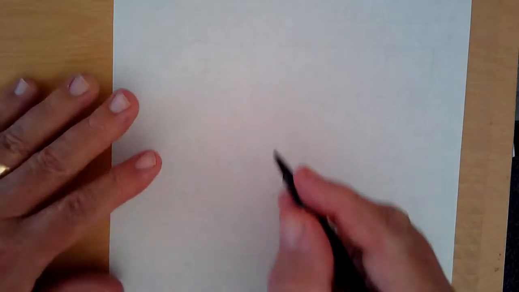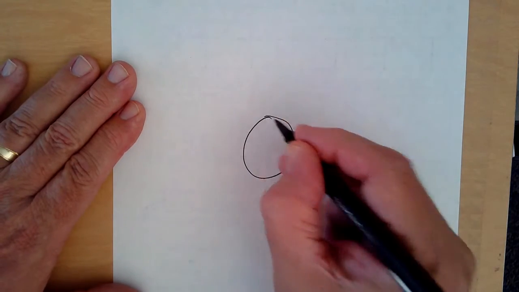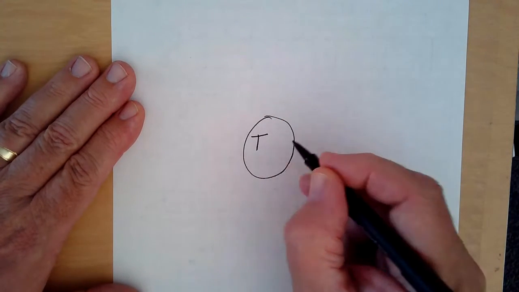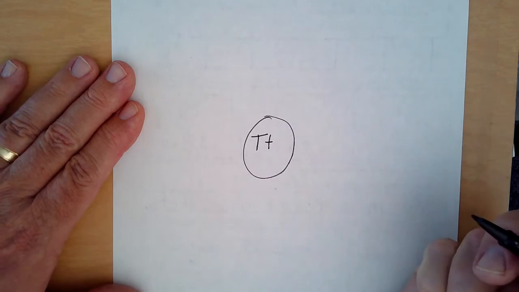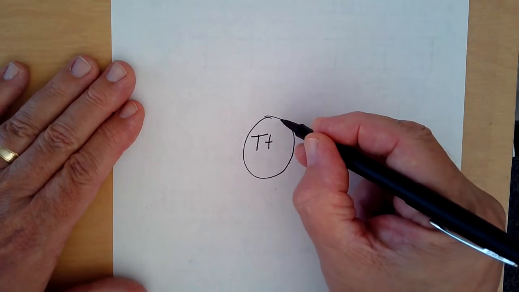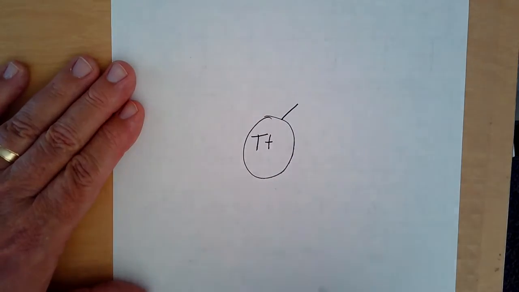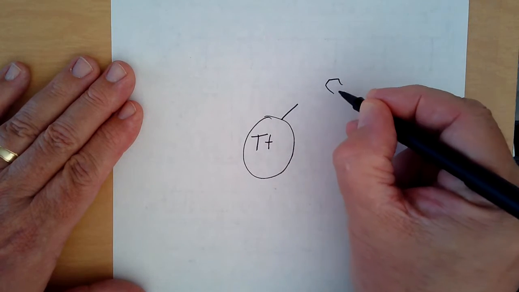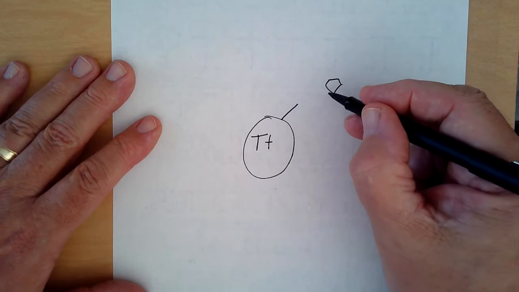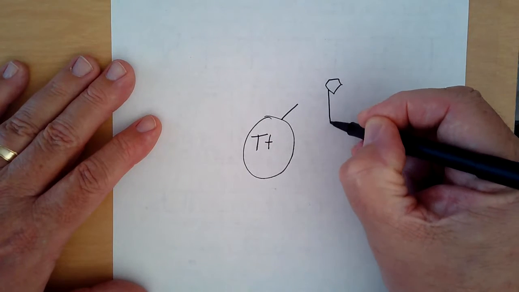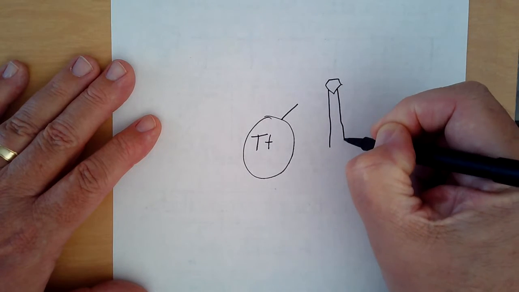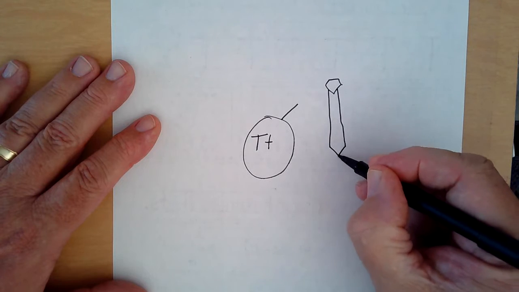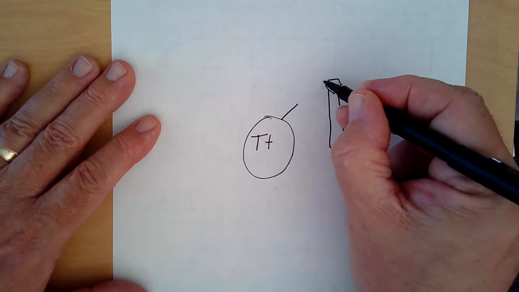So I will turn this over and let's draw a circle with a capital T and a lowercase t right next to it. Let's see, my first T, I think I'll draw a shape like this, and then I'll go out a little bit, and then in at the end.